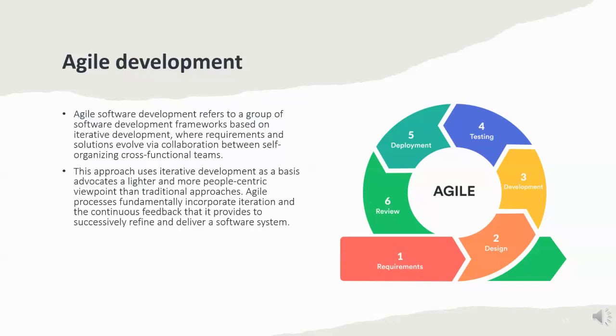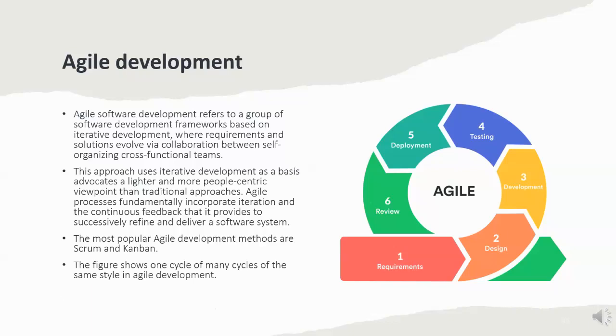Agile processes fundamentally incorporate iteration and the continuous feedback that it provides to successively refine and deliver a software system. The most popular Agile development methods are Scrum and Kanban. The figure shows one cycle of many cycles of the same style in Agile development.